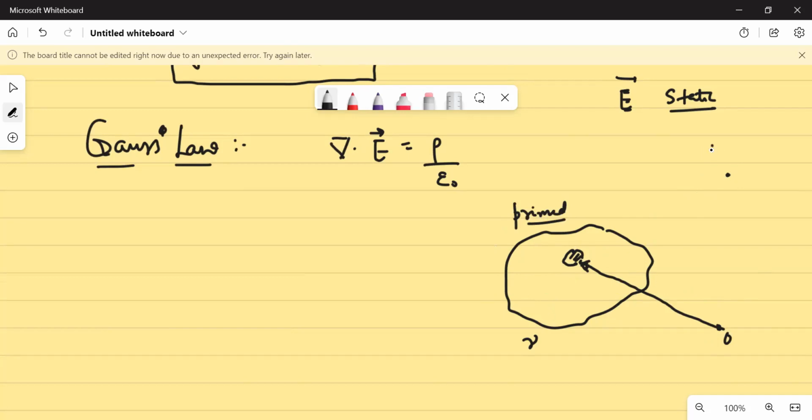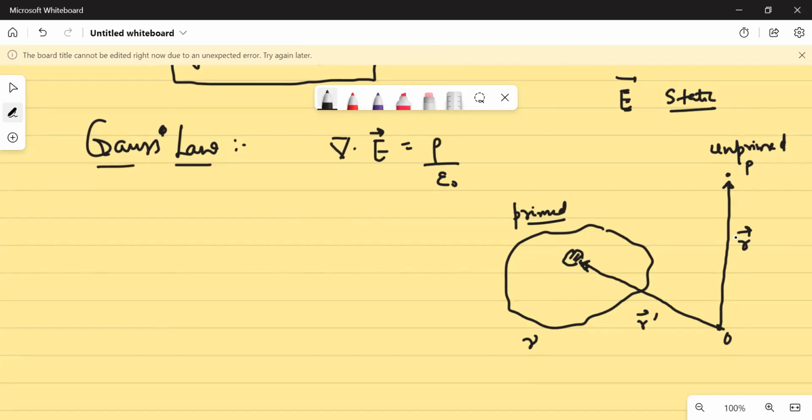I will use unprimed coordinates for space and primed coordinates for my charges. Is that clear? So this is your r vector dash and this is your r vector. The point where I want to find my electric field, let's say point P, is at distance r from the origin.